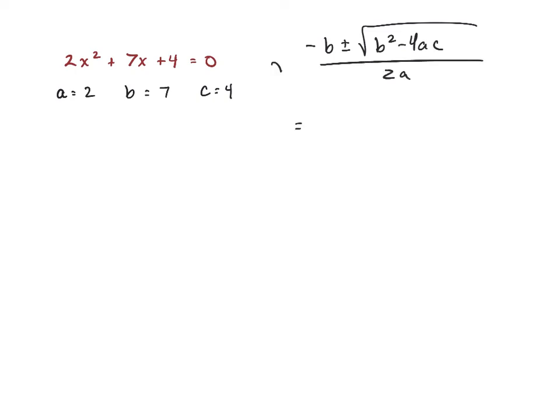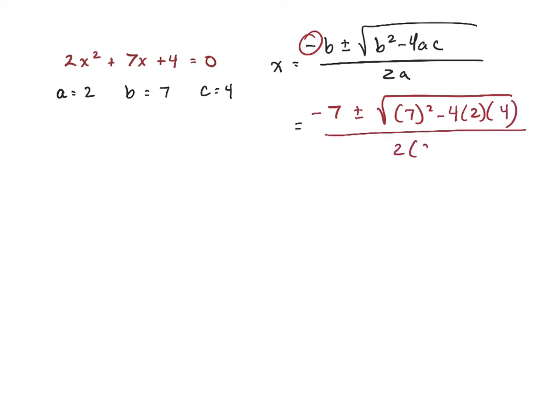And we just start substituting. So we're going to get negative 7. So this negative, B is 7, plus or minus, we're going to have a 7 that's squared, the B value again, minus 4 times A, which is 2, times C, which is 4, all over 2 times A. And this is where it's a little different because A is 2, so it'll be 2 times 2, 4.